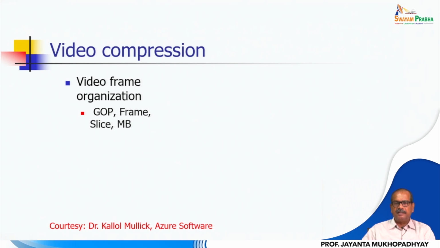And then there are frames which are to be compressed. We also call it a slice. It is basically a part of the frame, certain lines of the frame or certain intervals, that means pixel locations from one pixel to another pixel. And in a certain order, these frames are to be scanned.